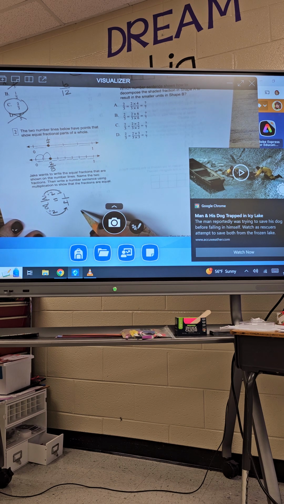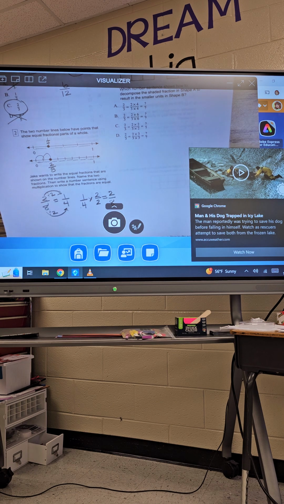I can also do it the other way using multiplication. 1/4 times 2/2 is equal to 2/8. Okay, number 3.